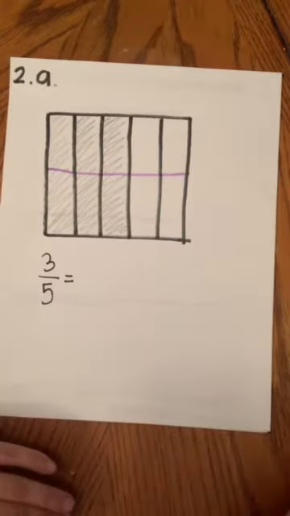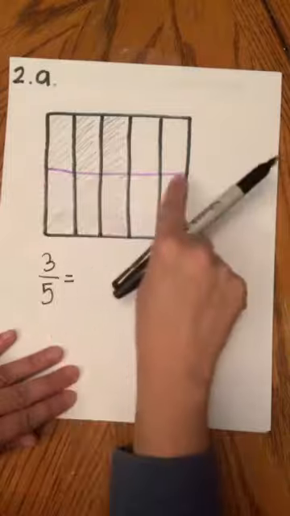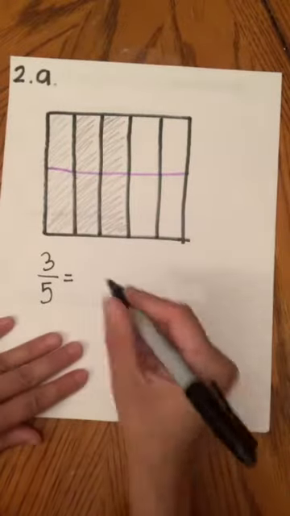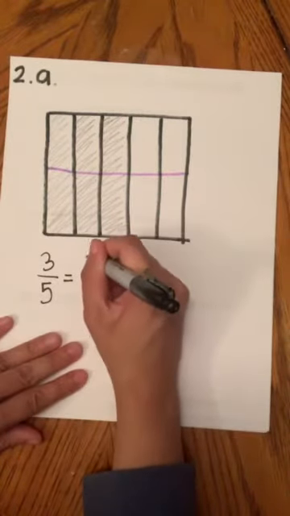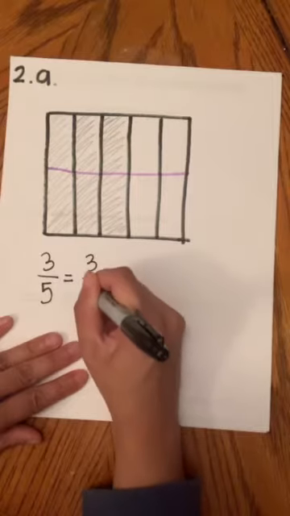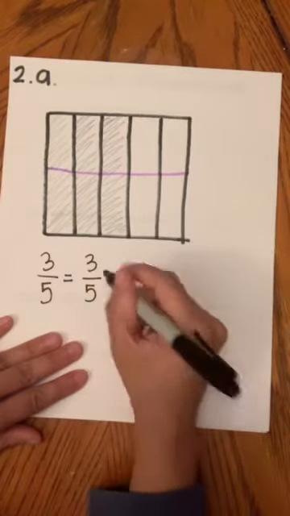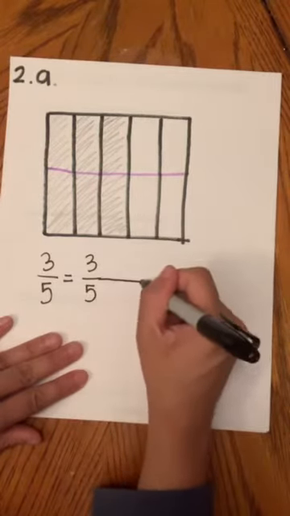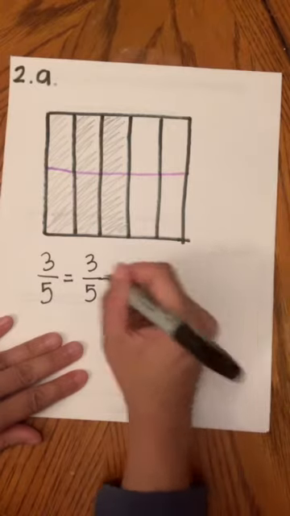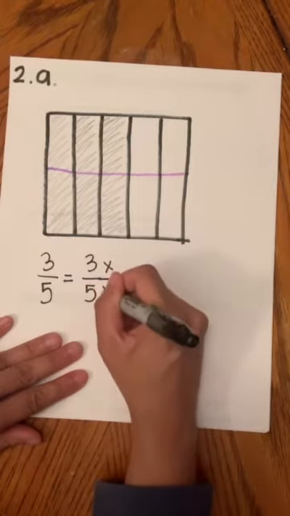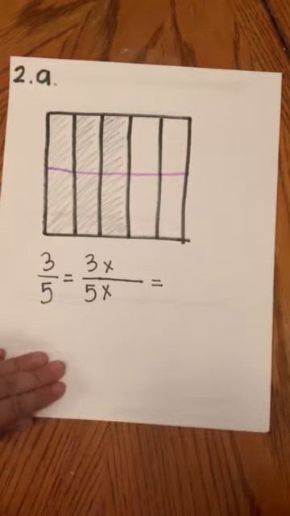Now I'm going to use multiplication, now after I decompose my fraction, right? So I'm going to rewrite my original fraction here. And I know I'm going to multiply, but what am I going to multiply by?